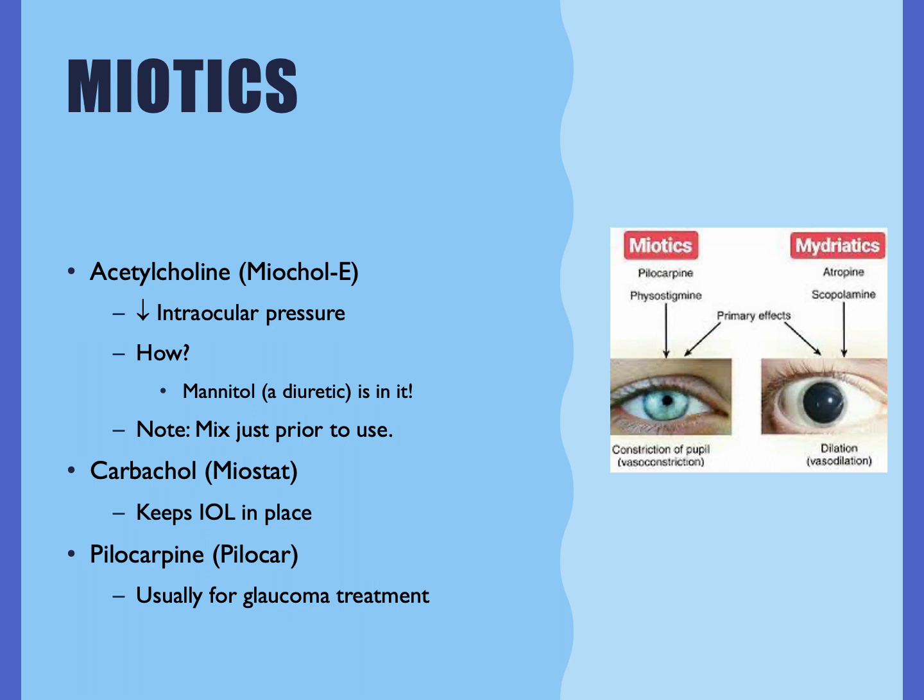And then lastly, pilocarpine is administered topically, and it acts directly on the smooth muscle of the iris to stimulate meiosis. Remember, that's the constriction of the pupil. And because pilocarpine increases the flow of aqueous humor through the trabecular meshwork, it is very useful in treating something called open-angle glaucoma.